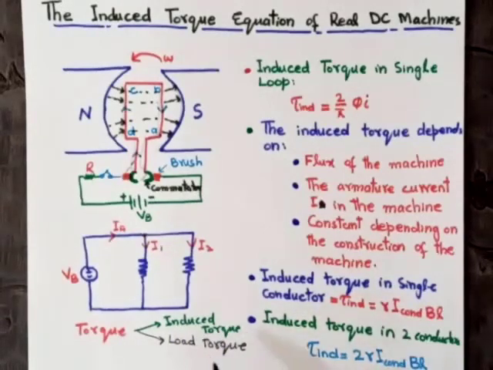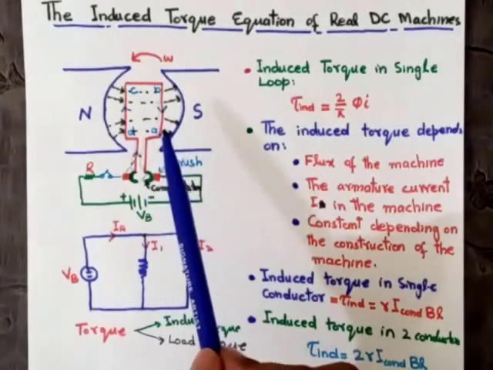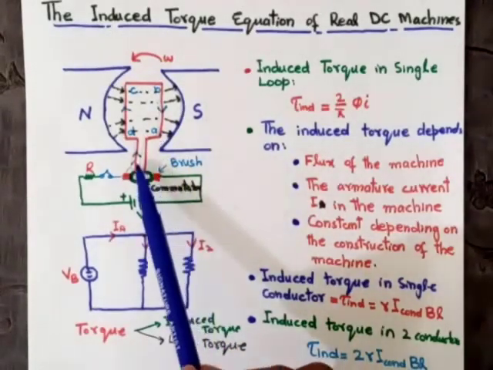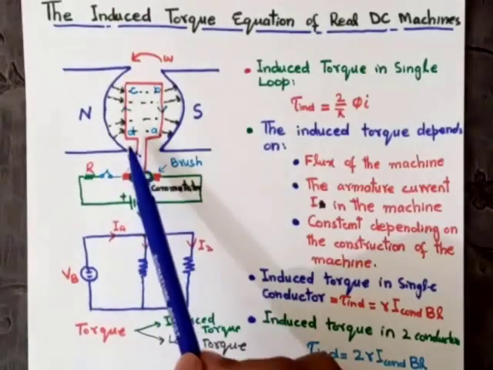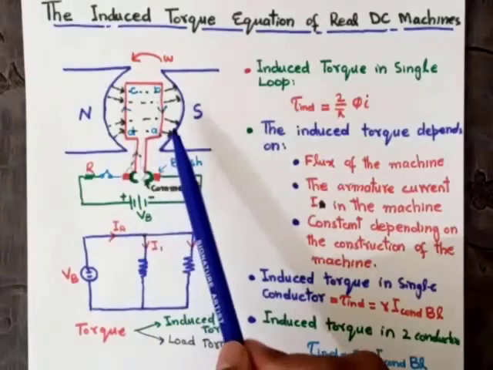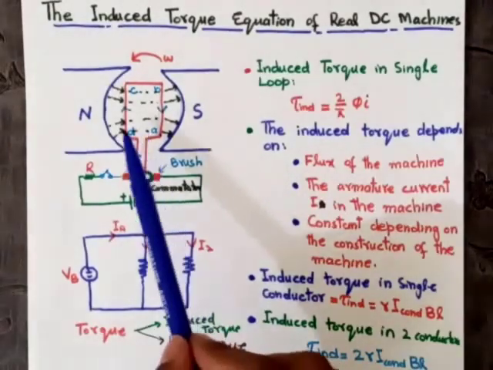In order to meet the demand, the motor will induce internally a torque based on the current which flows across the armature winding. So this torque is called the induced torque. The induced torque is developed inside the machine.